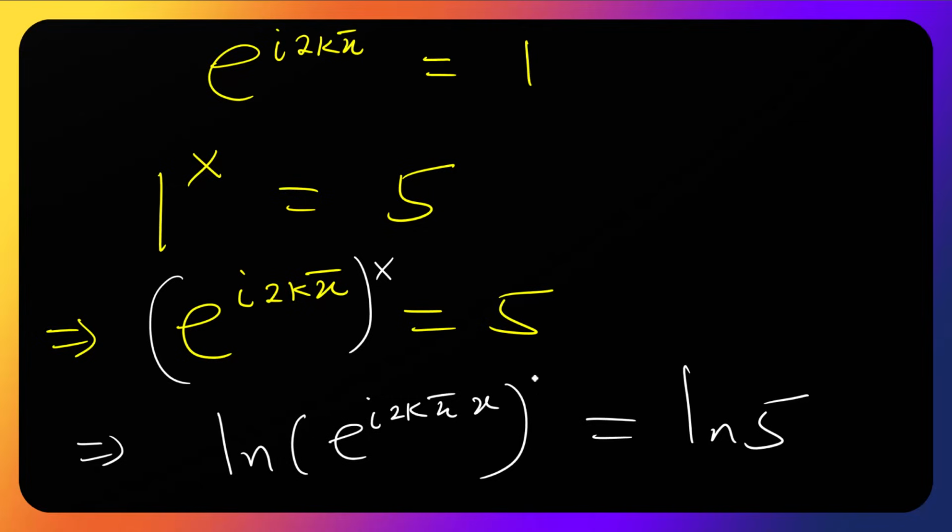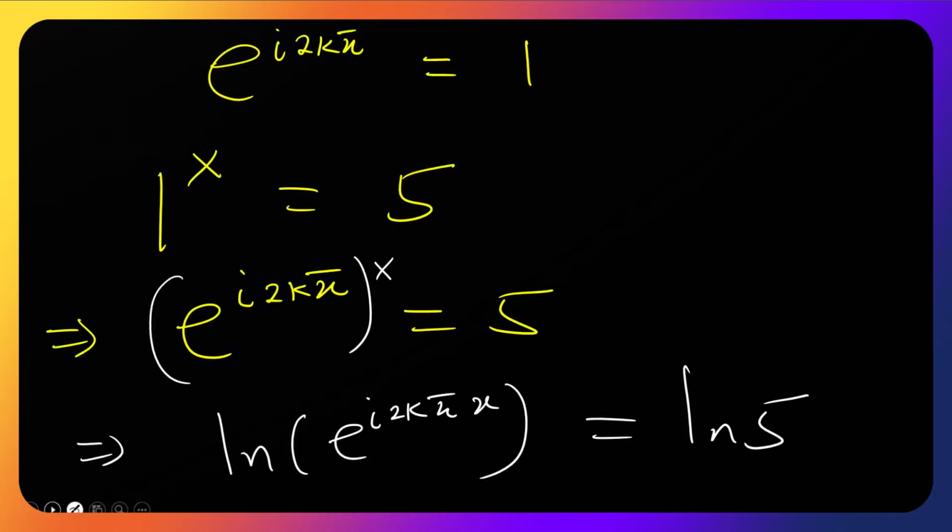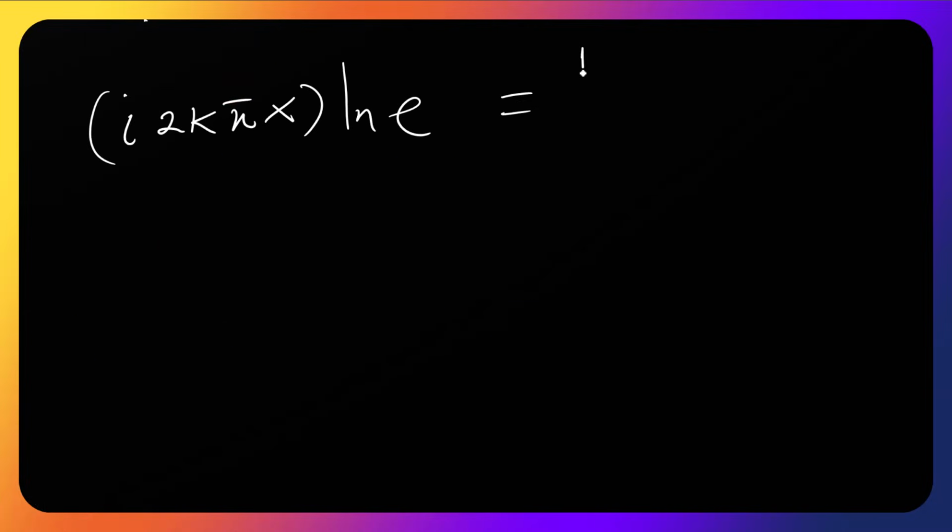This one is a power rule, so that will be i 2k pi x times ln of e equals ln of 5.